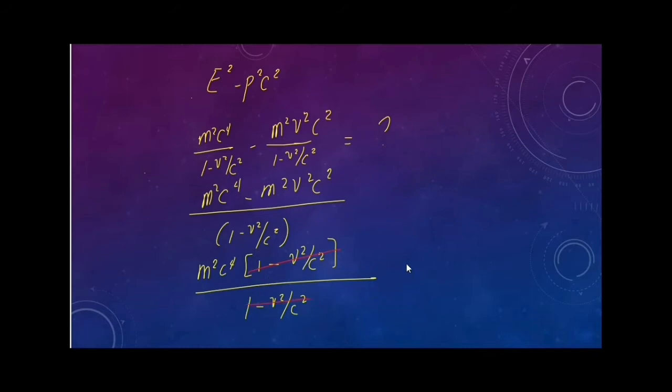So E squared minus p squared c squared is equivalent to m squared c to the fourth, or it can also be expressed as mc squared, then squared. Okay, so let's finalize the equation. We now have E squared minus p squared c squared equals the quantity mc squared, squared. Okay, let's write it down.